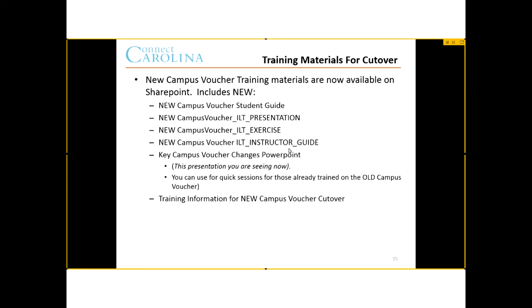If you go into ccinfo.unc and go to the Tips and Trainer section and click on the SharePoint link, you can navigate to a folder called New Campus Vouchers, and you're going to have all the soft copies of the materials, including the revised Voucher Student Guide, which I highly recommend that you read through just to understand all the new functionality and how everything works. There's a revised presentation, revised exercises, and a revised instructor guide.